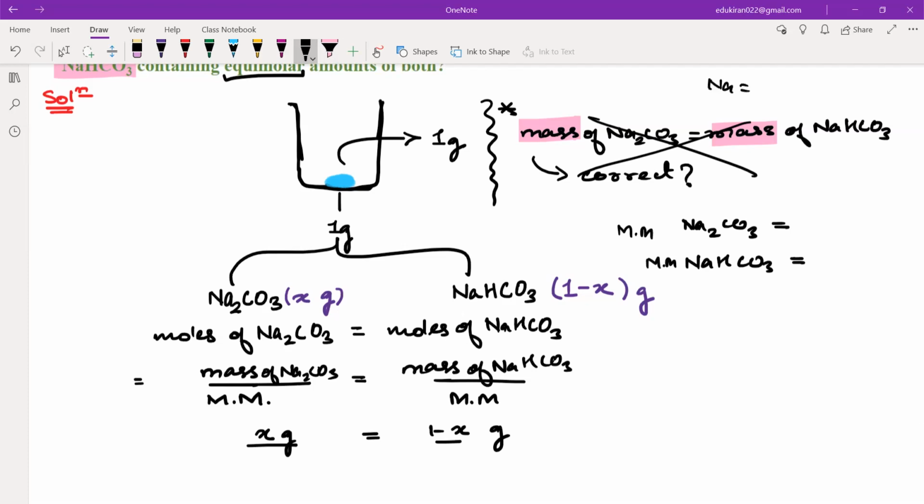The molar mass of sodium is 23 grams per mole. I hope you know about carbon and oxygen. Carbon is 12. Oxygen is 16. Hydrogen is 1.